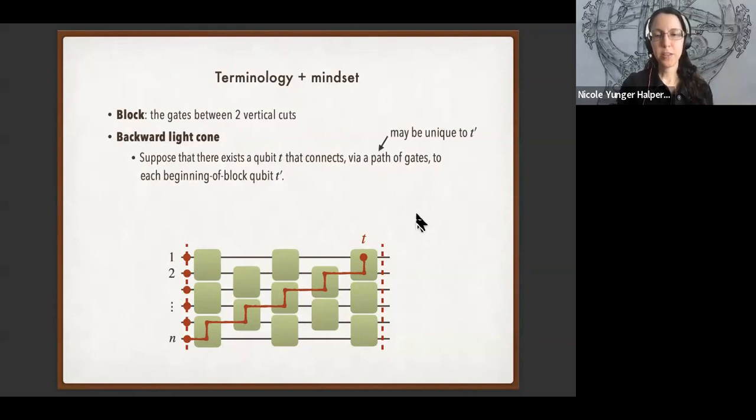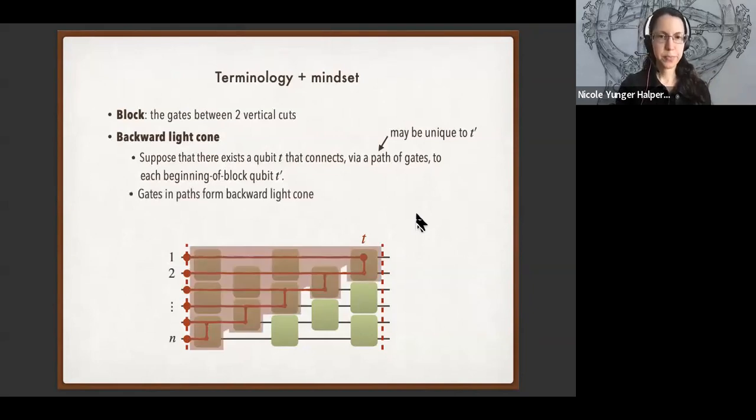All of the gates that form all of these paths form the backward light cone. So if a block contains a backward light cone, then in a sense, it's well connected.